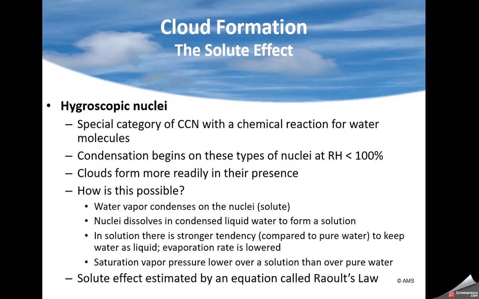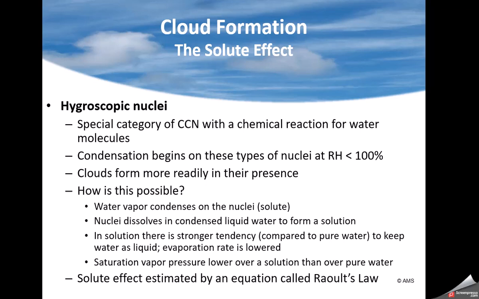So here's where these cloud condensation nuclei come in. They get dissolved into that tiny curved water droplet, and they do a chemical reaction that helps keep the water molecules there so that condensation can begin right around 100% or even a little bit less. And the clouds can form pretty readily in that situation. This is called the solute effect.